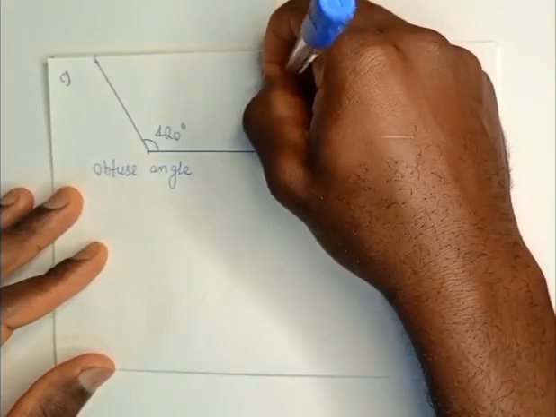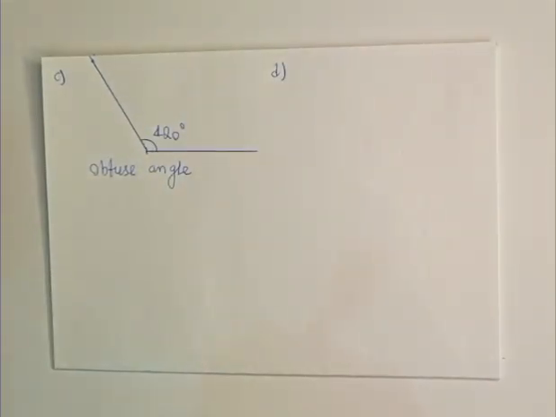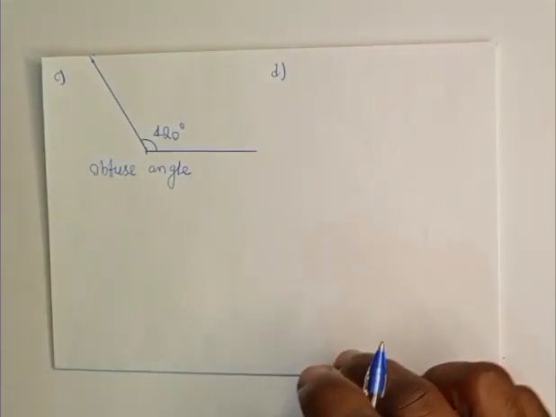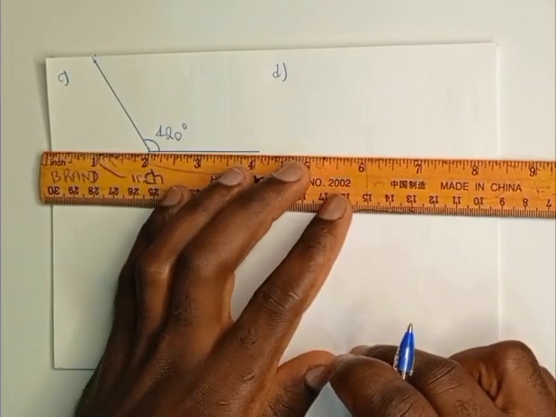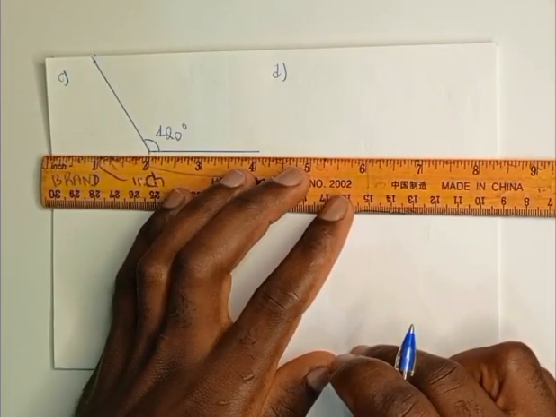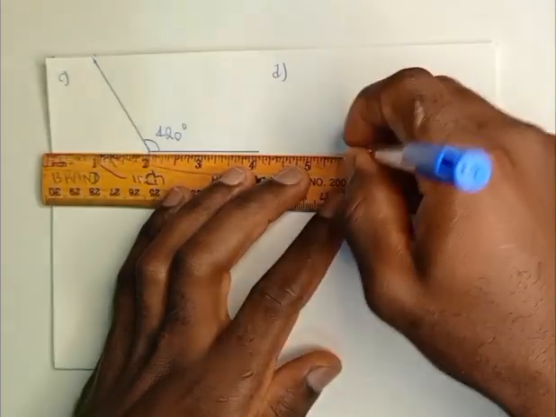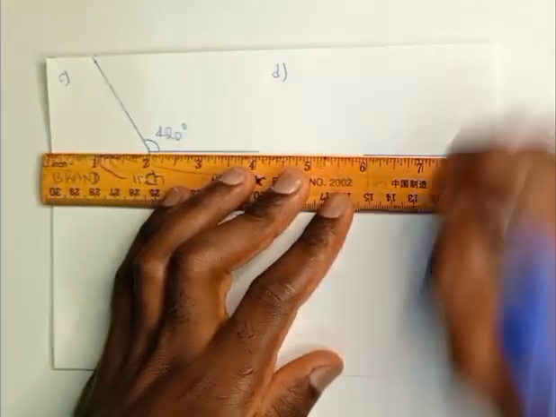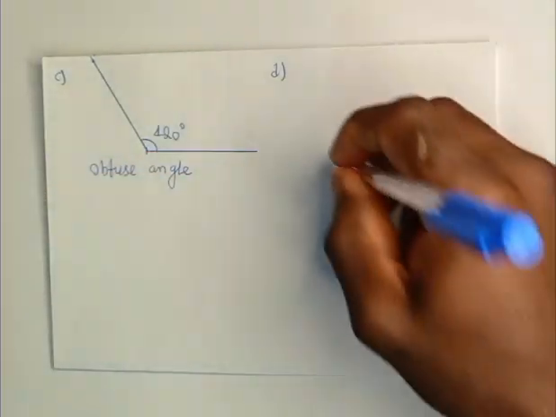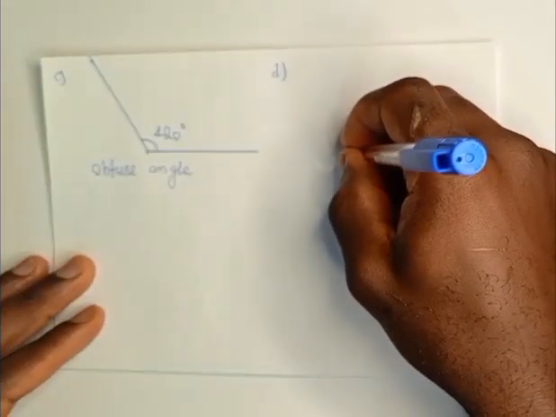We move now to D. For D, we have the angle 157 degrees. Next, we have to arrange our protractor.